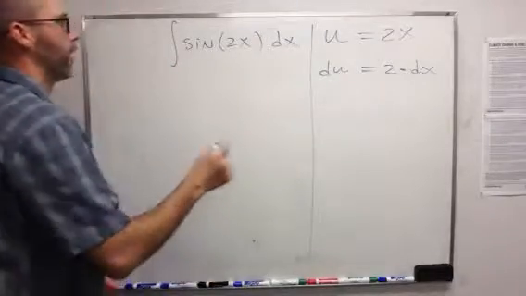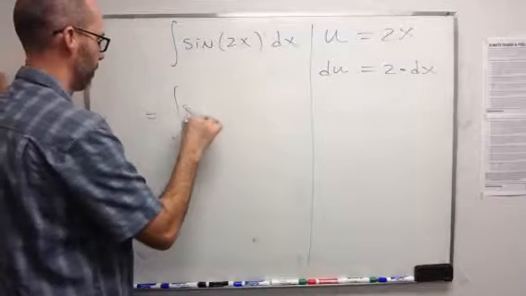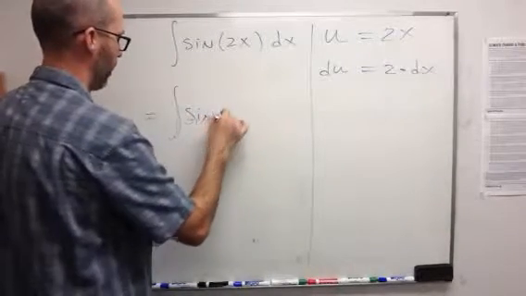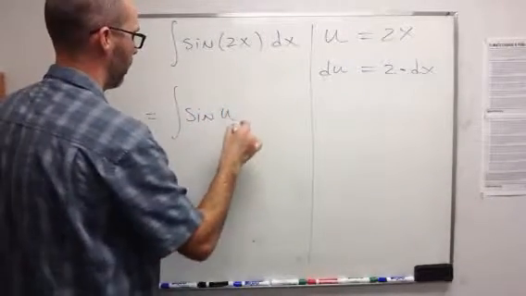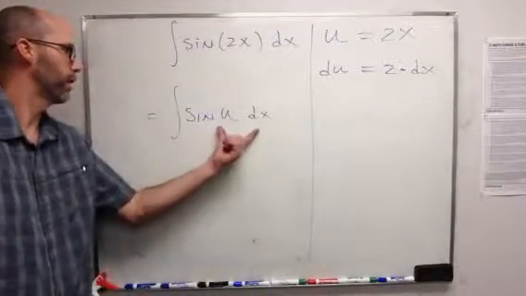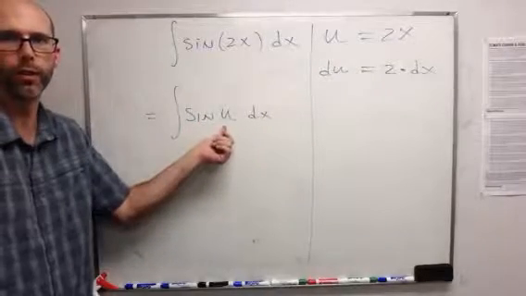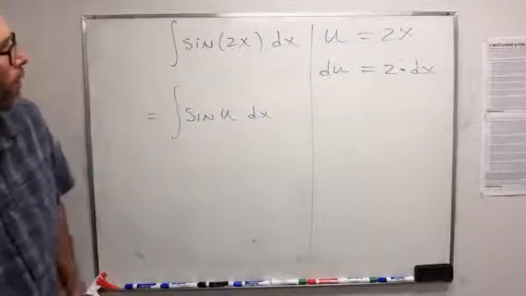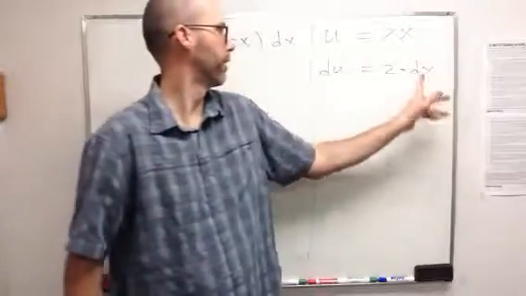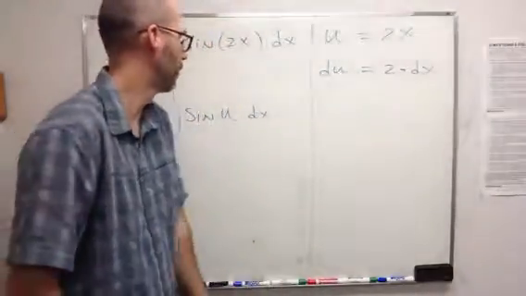Okay, so now we've got sine u dx. Now we can't take the antiderivative of sine u with respect to x because it's a u here, not an x. But look, we have a formula. 2 dx is equal to du.